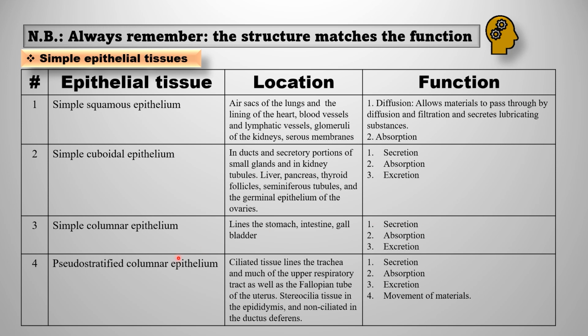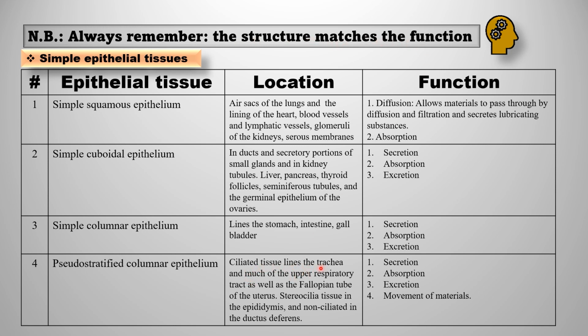Now the pseudo-stratified columnar, I added the word columnar here so you always remember that this pseudo-stratified is actually a modified form of simple columnar epithelium, acting partially in specific places. And this also takes you to this one: the structure matches the function.